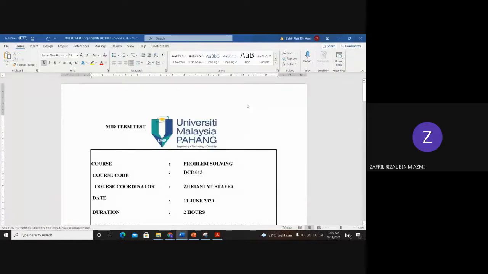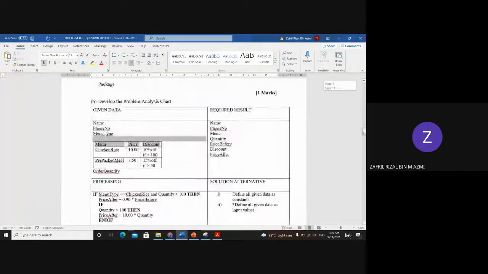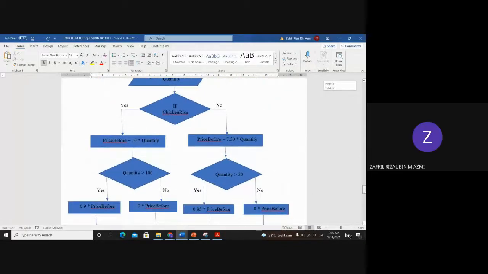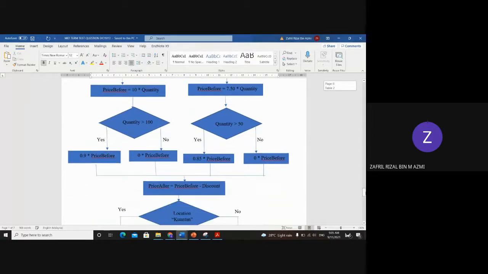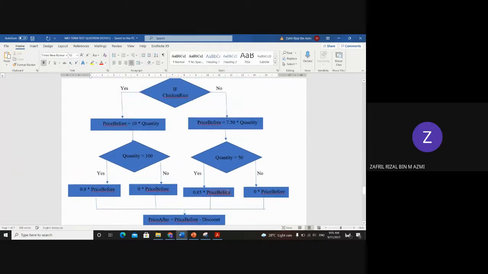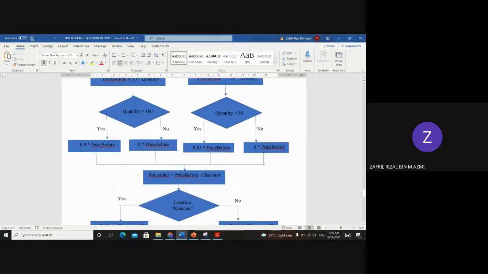So this is an expression. If you put an expression like this, what is it for? This is to calculate the price after discount.